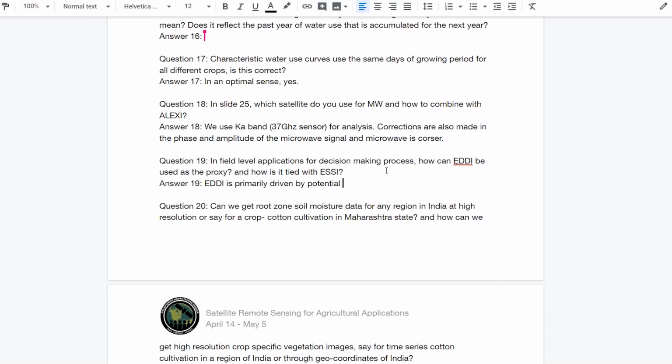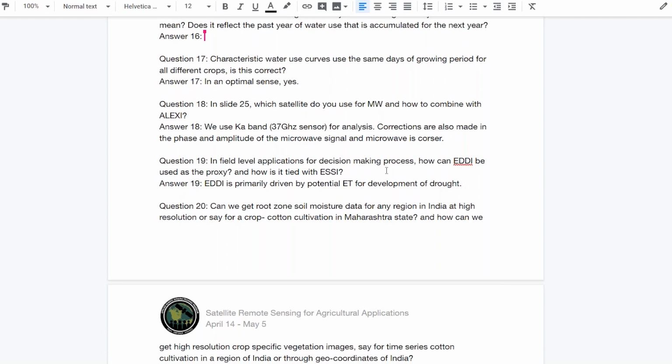EDDI is a really powerful tool to look at potential for development of drought. It can't tell you much about what's actually happening on the ground, but it can tell you the demand that the atmosphere has. And if that's above average, it can rapidly deplete soil moisture, and then you can start to actually see vegetation related stress.